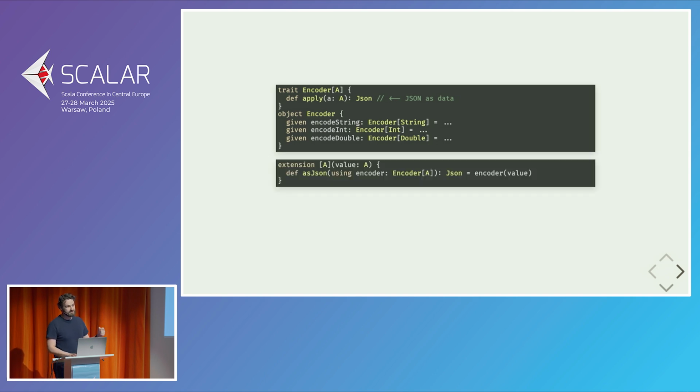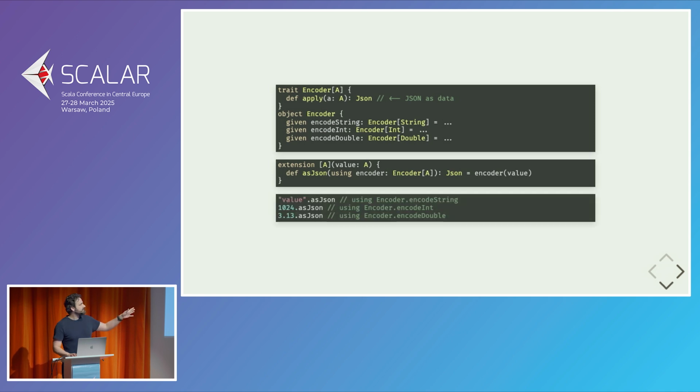Then we have some extension methods, because it always makes things much more useful if we have extension methods as opposed to applying things manually. And then we could use the stuff with implicits, which is what we have in Scala, providing values with an implicit context.